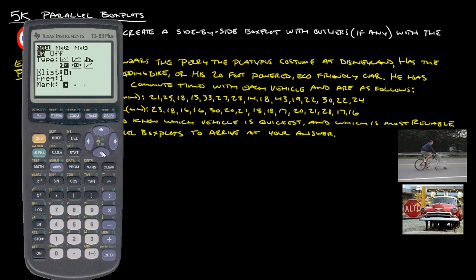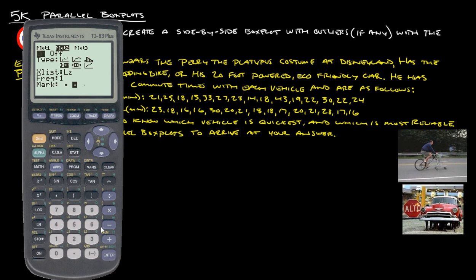And for the mark, just to be consistent with what the book has us doing, I'm going to put a little plus. That's the closest thing to an asterisk that they have. Then I'm going to do the same thing for our other stat plot. So we go back into stat plot, and we turn the second one on.